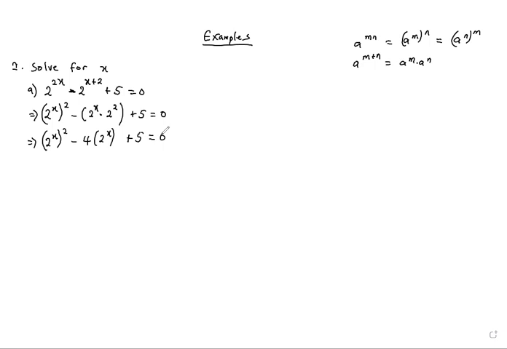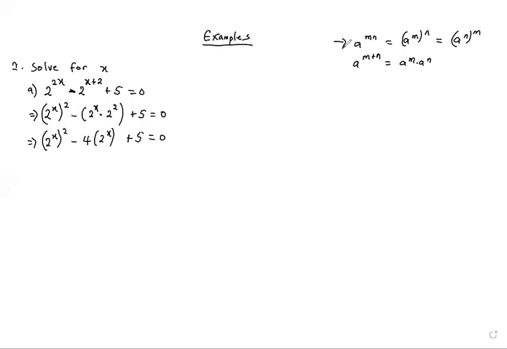Can you start from the first explaining? From the first line, you have this property here, a to the power mn is the same as a to the power m, all to the power n, which is the same as a to the power n in brackets to the power m. So that when we have 2 to the power 2x, we can write it as 2 to the power x, everything to the power 2.